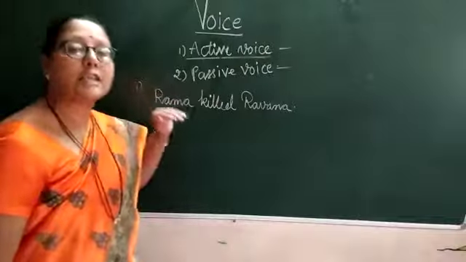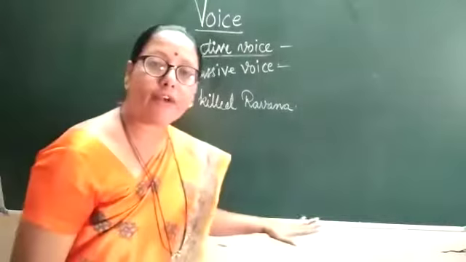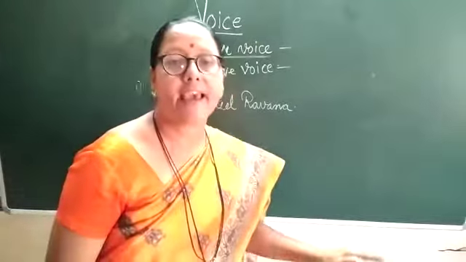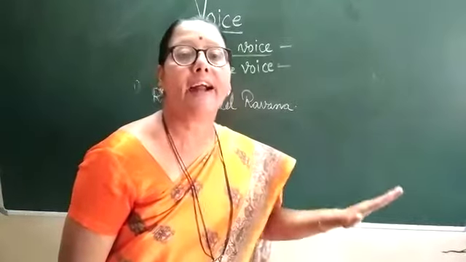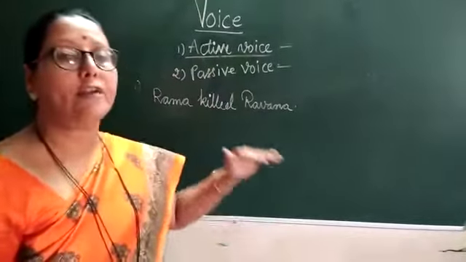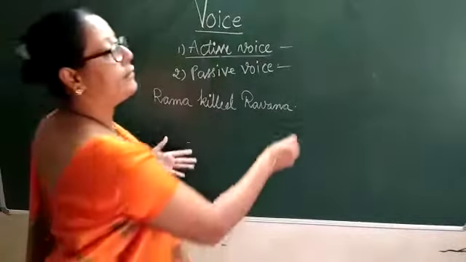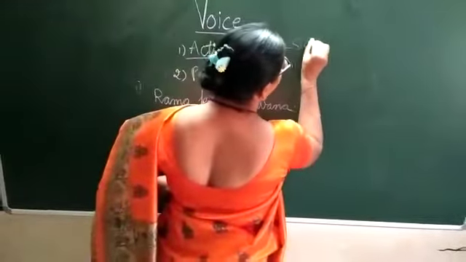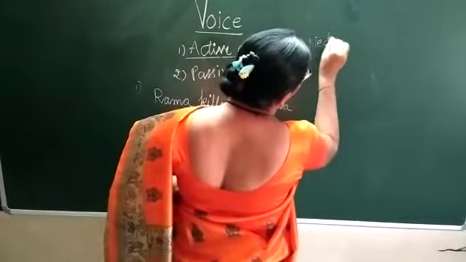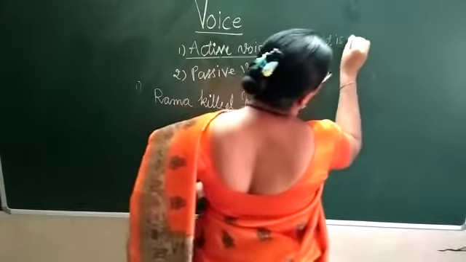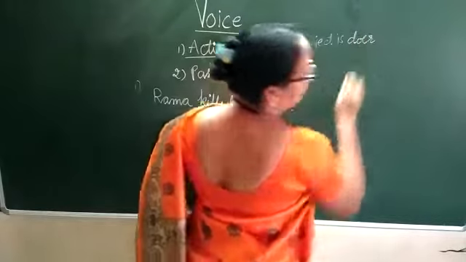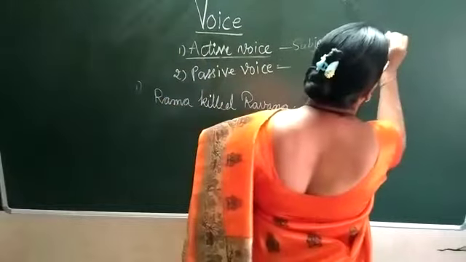When the subject is the doer of an action, we say the sentence is in active voice. Active voice means what? Subject is the doer of an action. D-O-E-R, doer of an action.